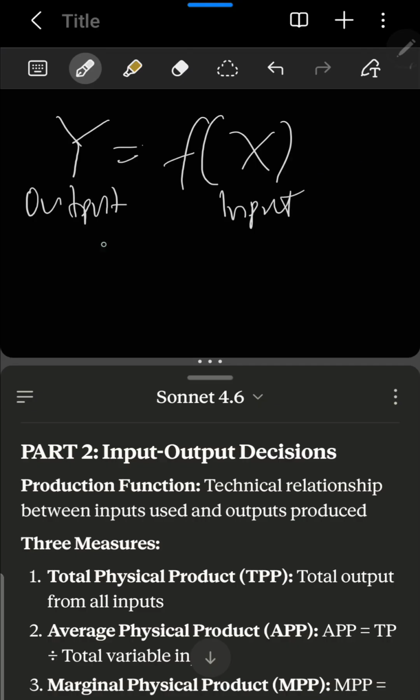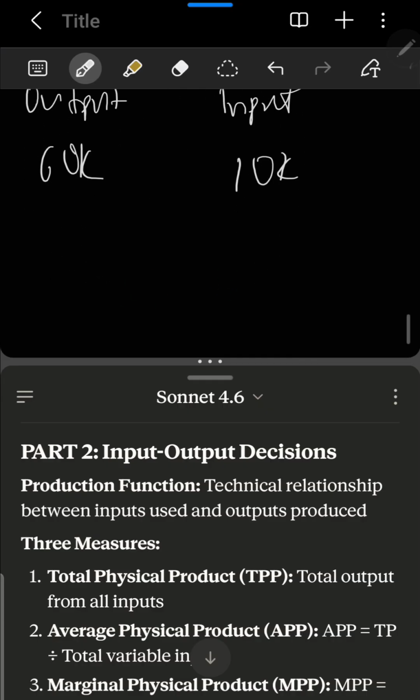So there is this relationship between output and input. That is the production function, the technical relationship between inputs used and outputs produced. For example, for every 10K I put in my business, I get 60K. Another example: for every 10 bags of fertilizer, I get an extra number of bags.